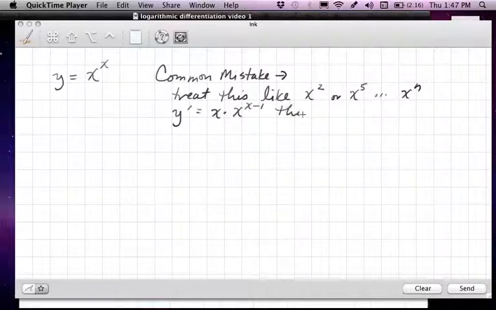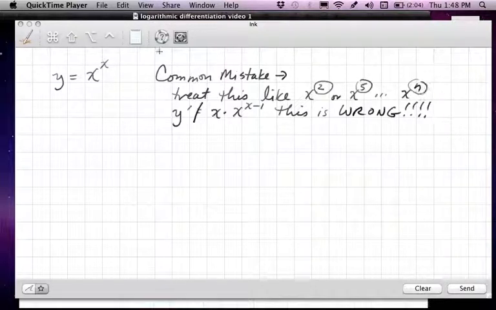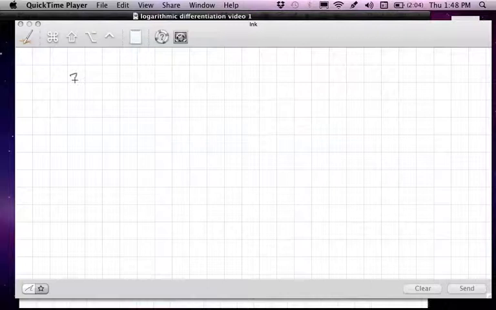This is wrong. You cannot use the power rule. You can't put x in front and then subtract 1. This is only good if the power is a constant, not if it's a variable. So we can't do that. Let me clear this and start over.